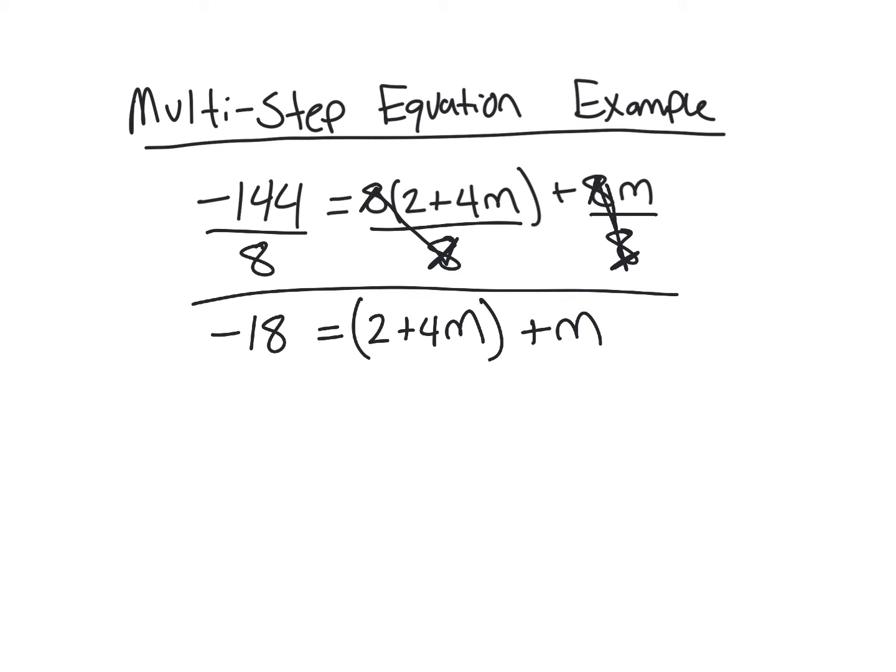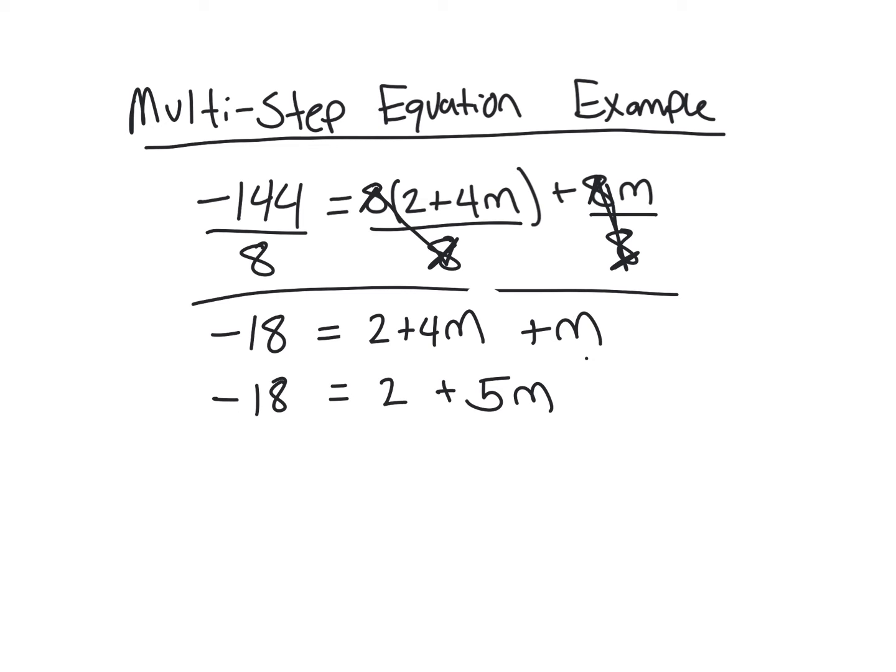So I'm going to go ahead and erase those parentheses because now I can combine my like terms. So I can combine this 4m and this plus m, and so the positive 4m plus the positive 1m is 5m. So we have 2 plus 5m equals negative 18.